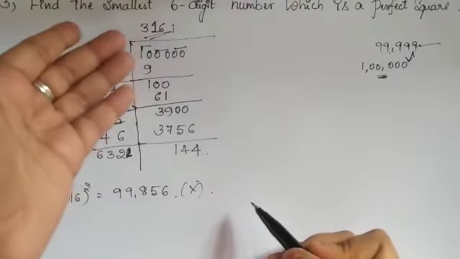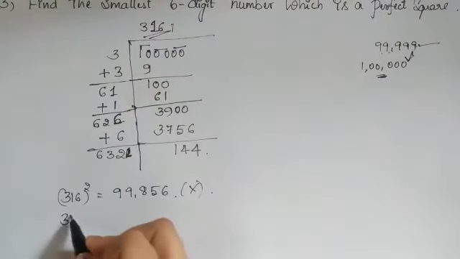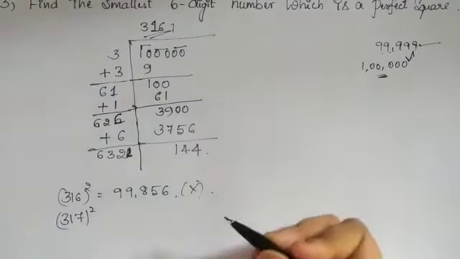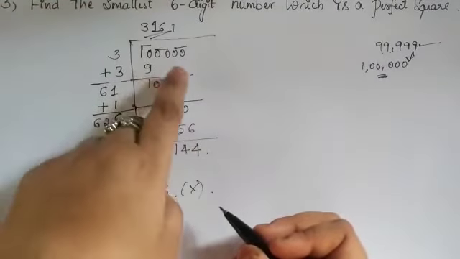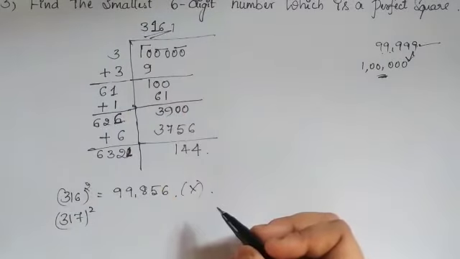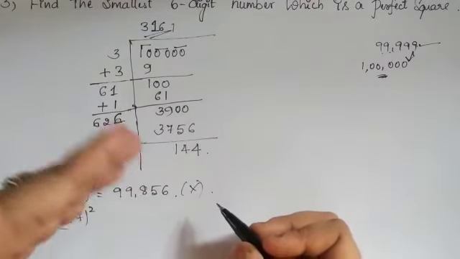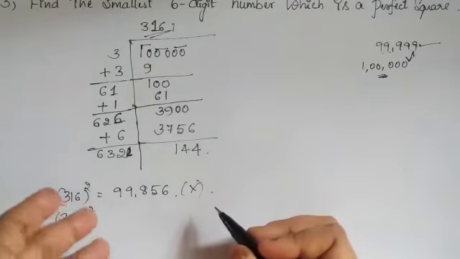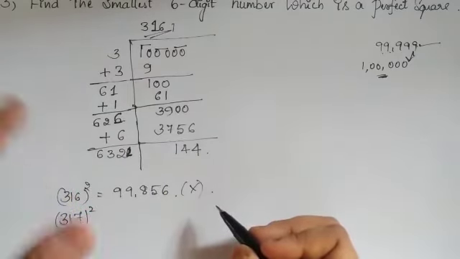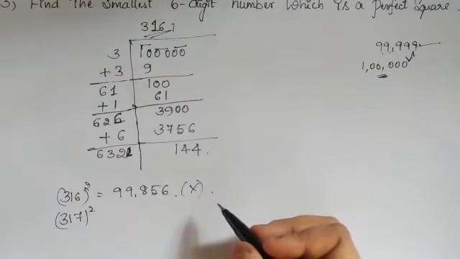If I am getting 316 as the quotient, the square root of the perfect square number will be around it. 315 is not possible because 99,856 is still a 5-digit number. Less than that obviously becomes a 5-digit number itself.